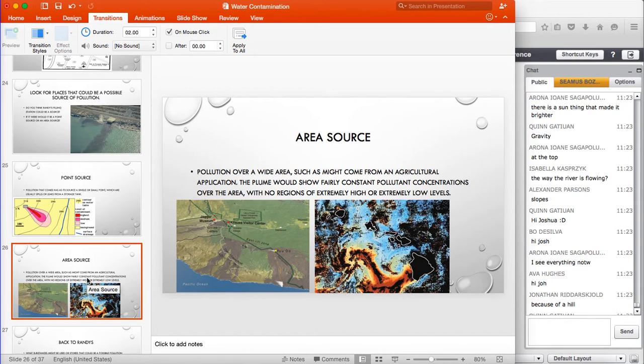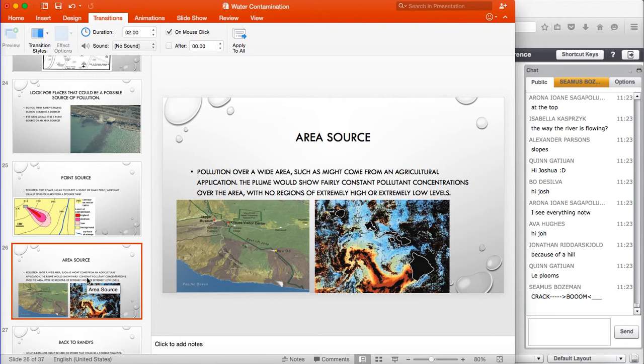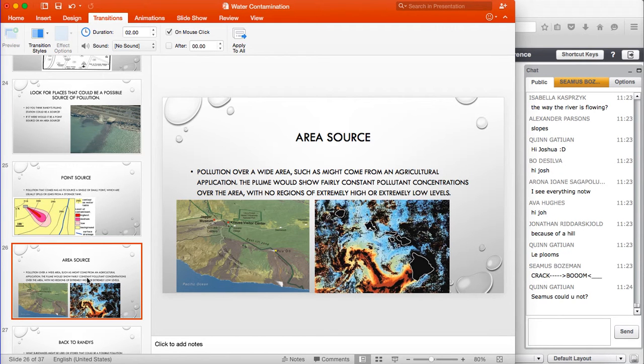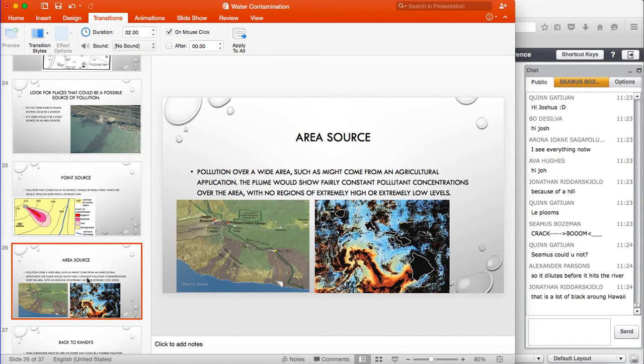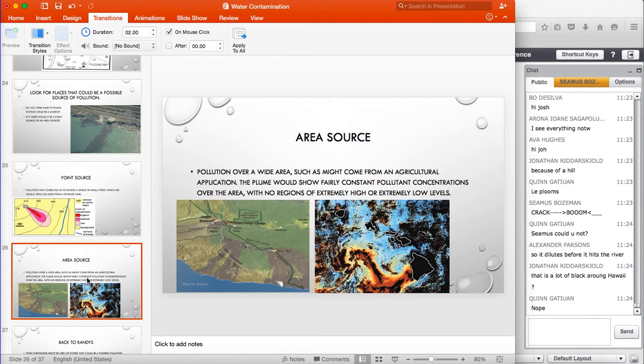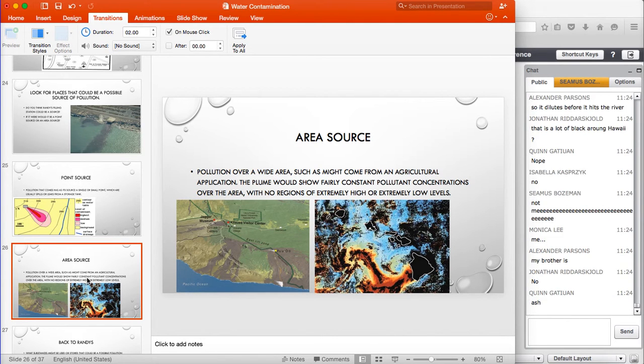There's another type of pollution, and this one we get a lot of in Hawaii. It's called an area source. It's where the pollution doesn't come from one specific point. It comes from a large area. For example, when Kilauea erupts, how many of you are asthmatic? See, I'm asthmatic, and when the volcanoes put a lot of their fog up in the air, it really bothers my asthma.